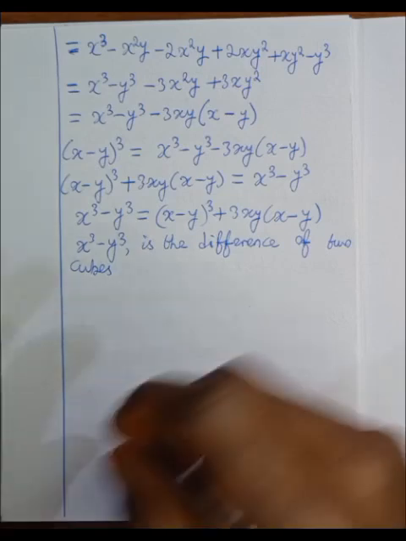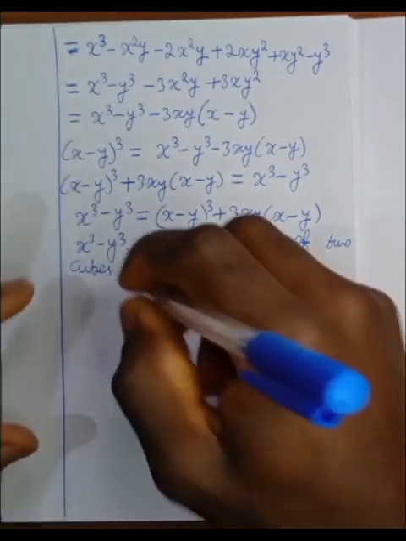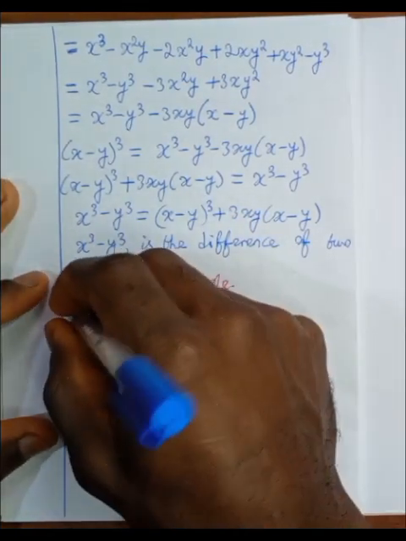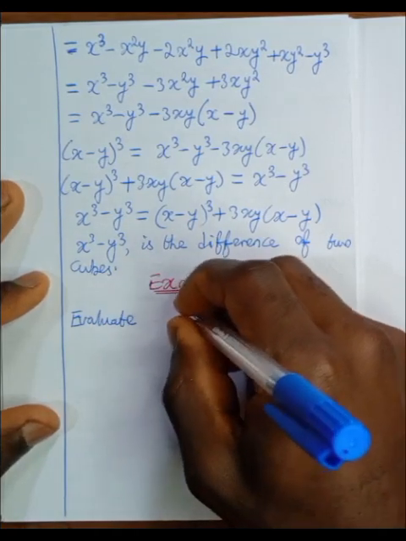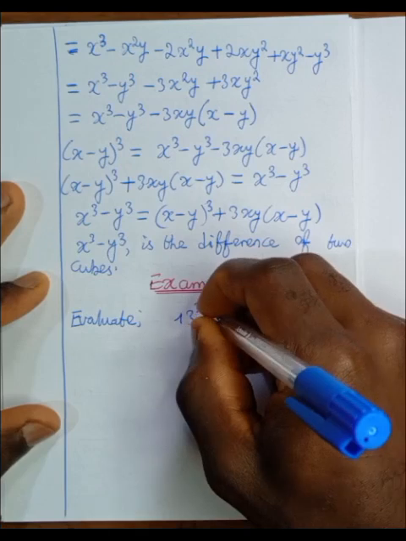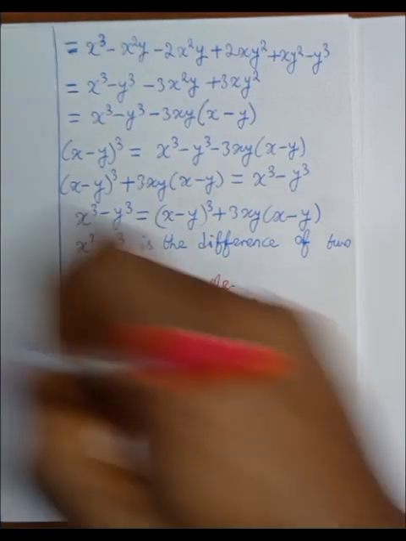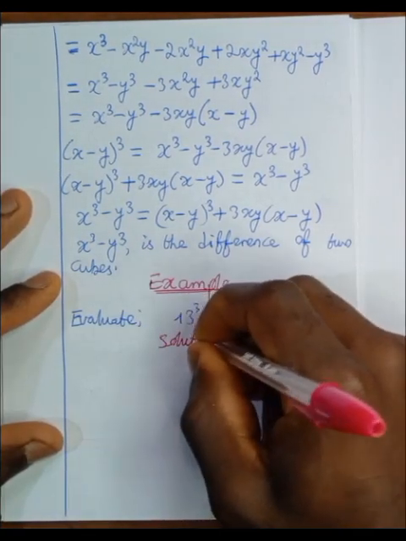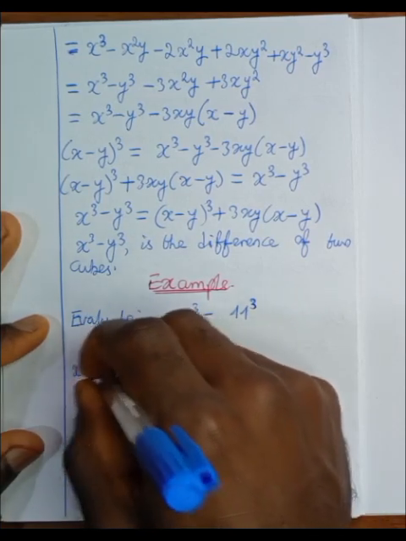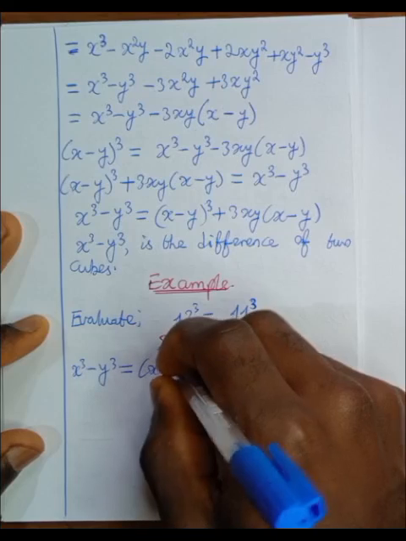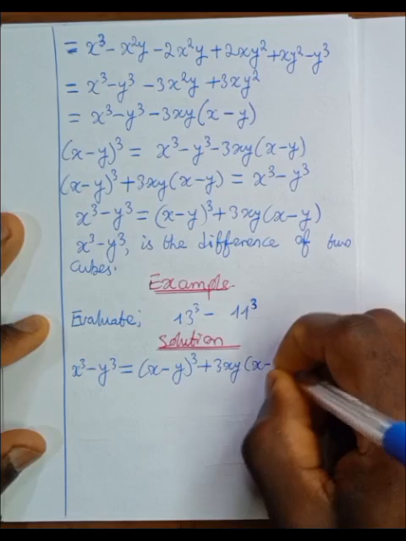Now let's take an example on this. It goes, evaluate thirteen cubed minus 11 cubed. We take solution. First, we know the difference of two cubes, x cubed minus y cubed, is equal to x minus y all this cubed plus 3xy times x minus y.